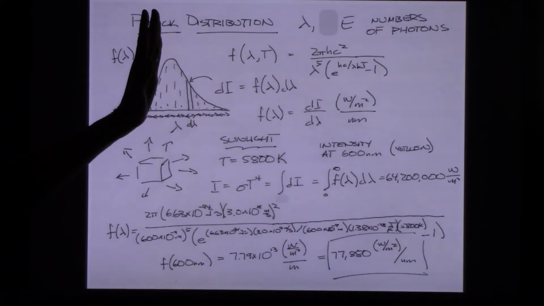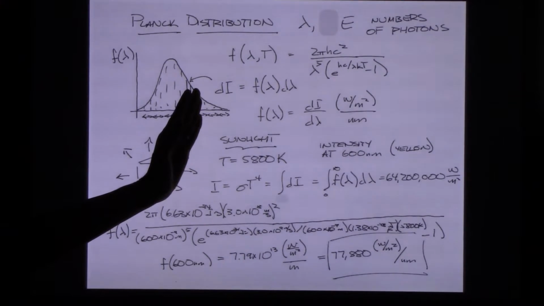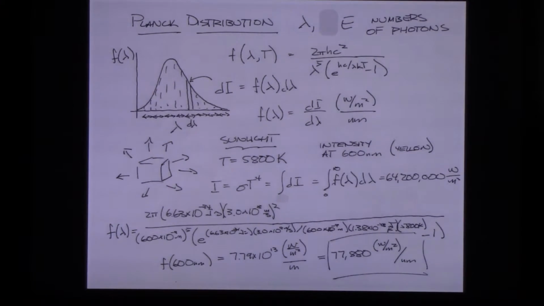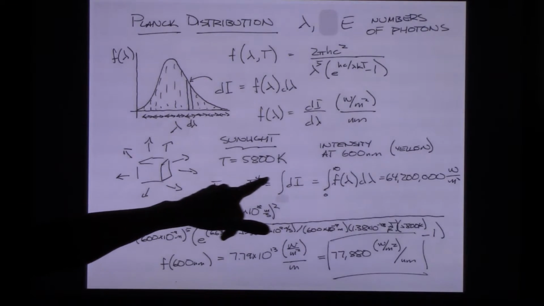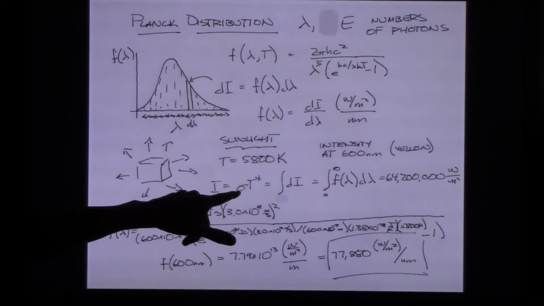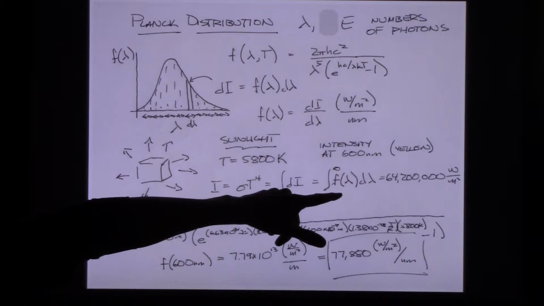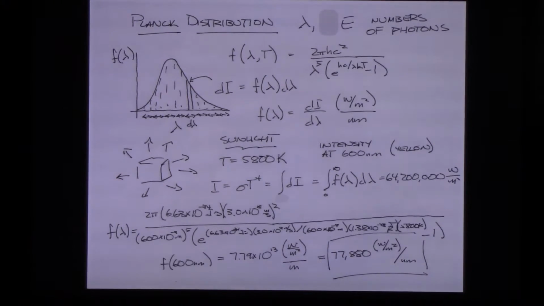Rather than looking at a point right at the peak, what if we shift a ways over? Well, if I integrate across all possible wavelengths, we know how to do that. That's sigma times T to the fourth, and that gave us the 64 million watts per square meter. So that would be the total area under that curve.